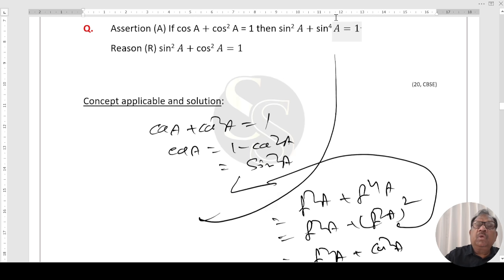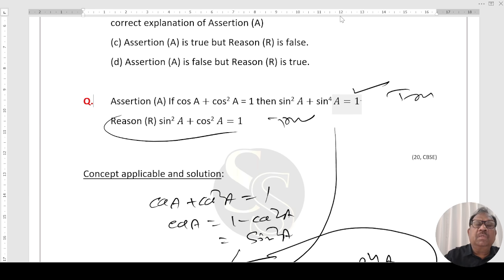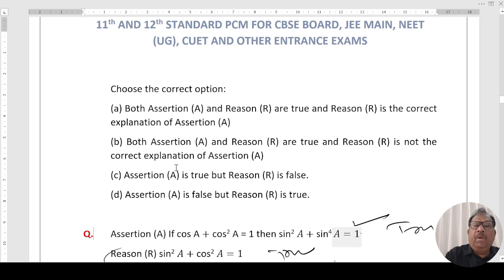Means using this we find this is true, and this is the correct explanation. So the answer: both assertion and reason are true and reason R is the correct explanation of A. Right? This is the correct answer. Next question.